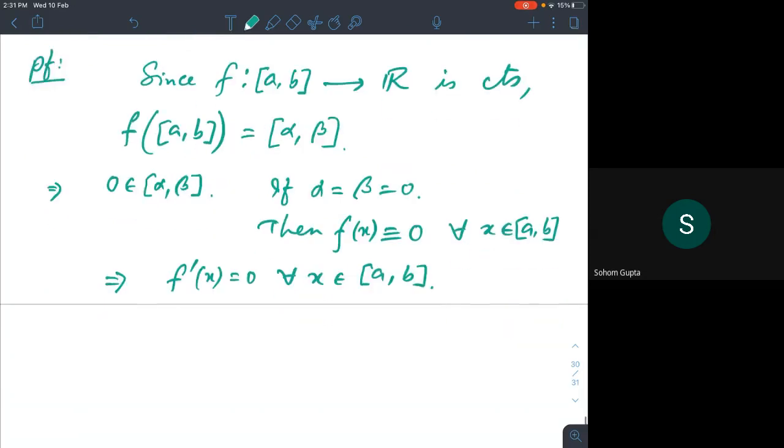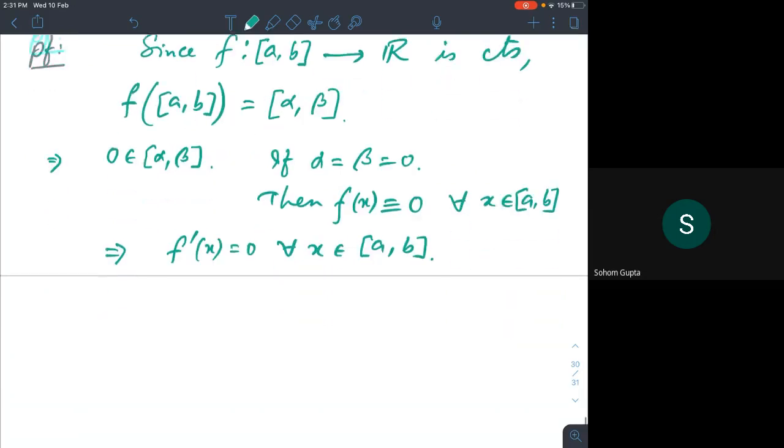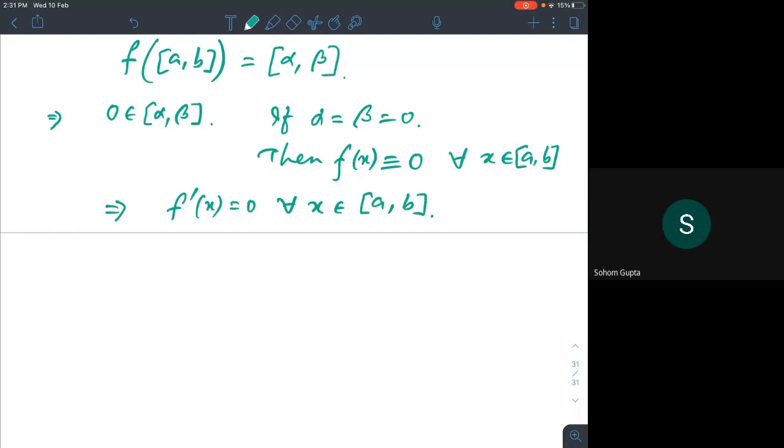Yeah. So suppose one of them must not be zero. If alpha and beta both are zero, then it has to be identically zero. So this implies one of alpha or beta must be non-zero, right?